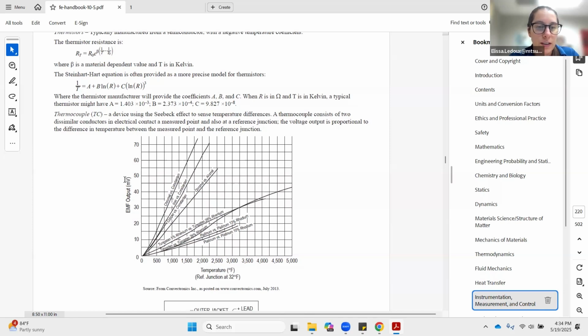For example, if you have copper at 1,000 degrees Fahrenheit, we would find 1,000 degrees, go up to the line that says copper, which is about here. The words are kind of covering it, but this would have an output of roughly 25 millivolts. So that's how you would calculate for that.